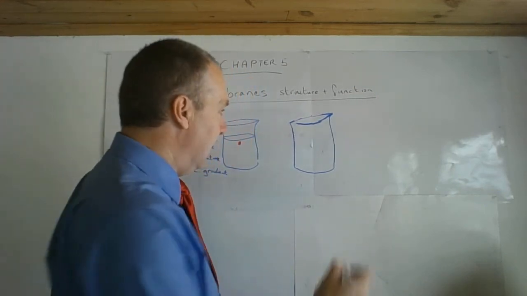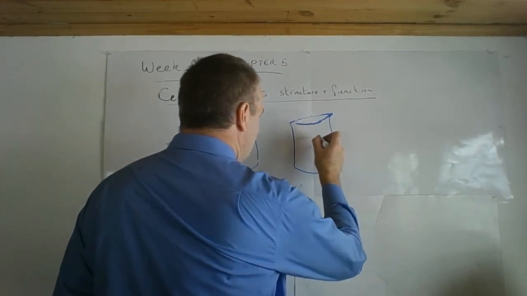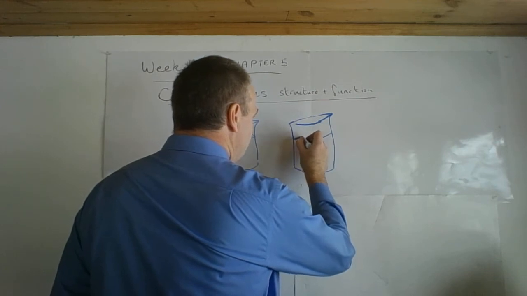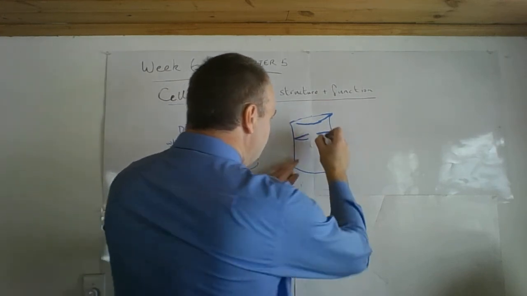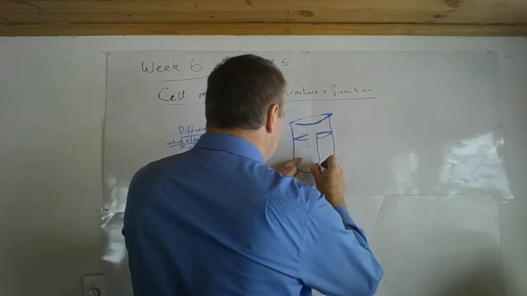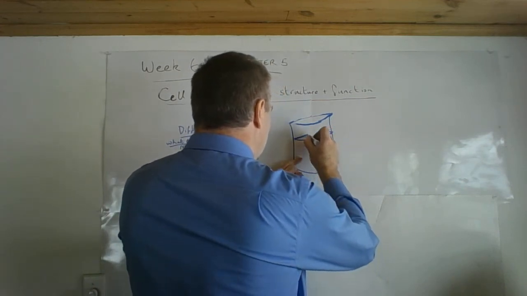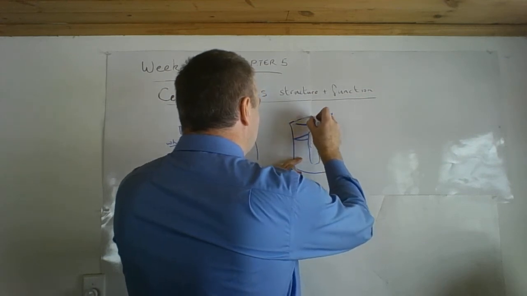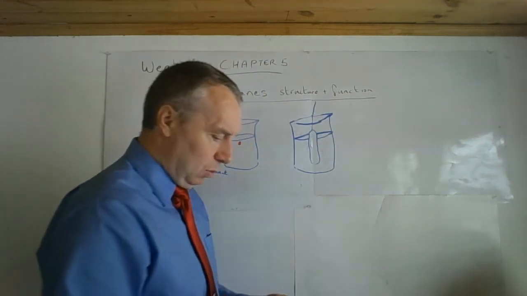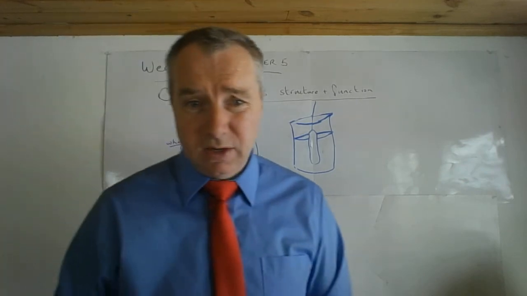So here we have our water, and here we have our dye, but this time our dye is in a semi-permeable bag, which is sort of what a cell would be.